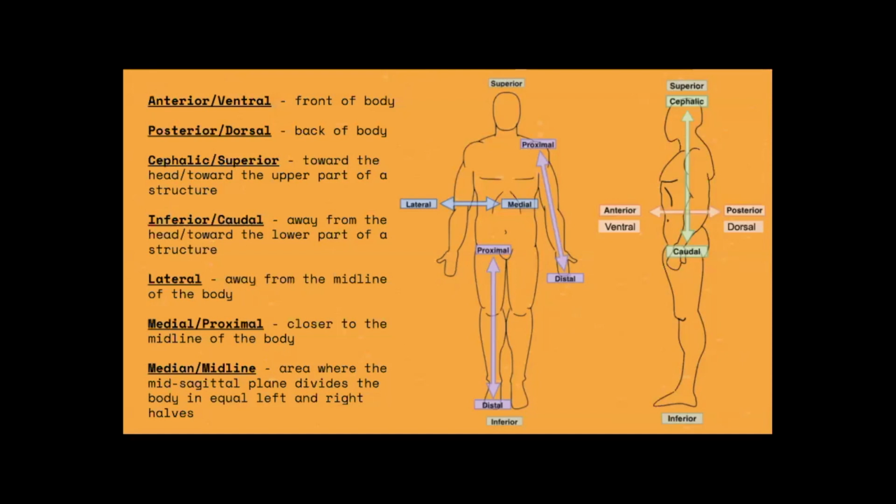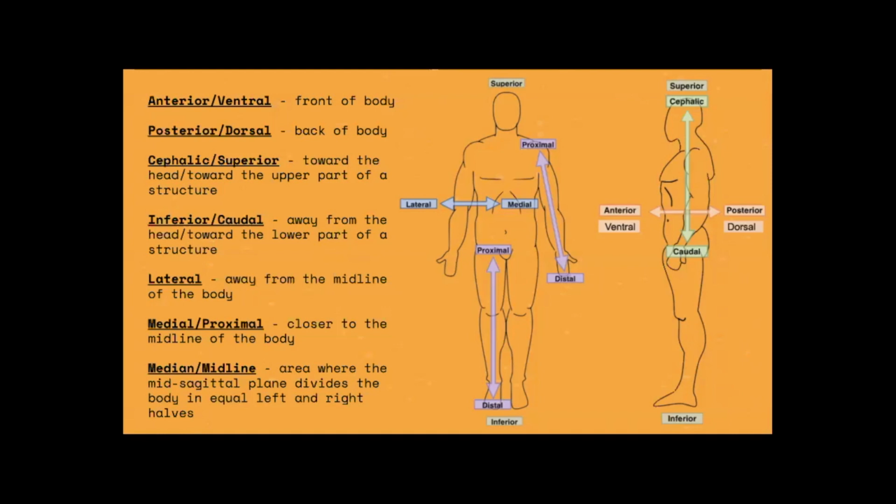Let me know in the chat what comes to your mind when someone says superior. I don't think anyone really knows what cephalic means. So what about superior? Yeah, when someone is superior to you, like a boss is superior to an employee, it means they are above them in some type of order.